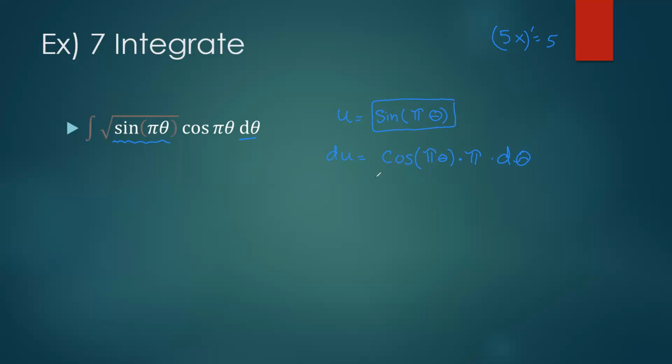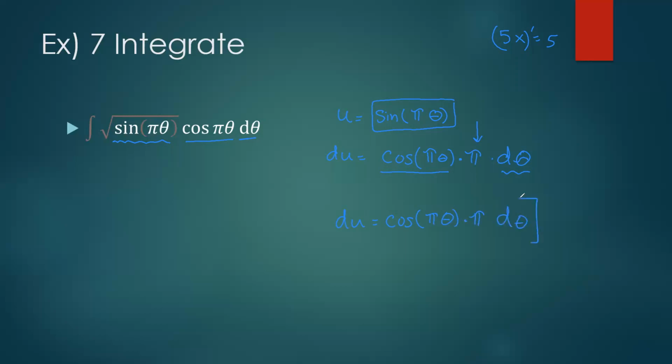So based on that, is there anything we need to get rid of? We have this cosine pi theta, which is good for this one. And then we have this d theta. But we don't have this pi. This pi is a constant, like 3.14. We don't have that pi, so we'll have to get rid of it. How?